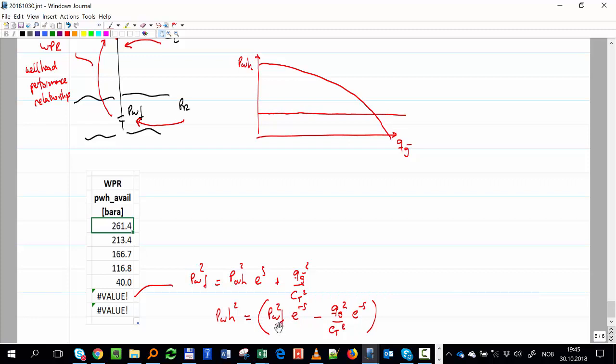That means that I will never ever be able to flow with that pressure and with that rate. When I try to reach the top of the well, I just get negative. I will have to create less than vacuum to be able to flow that rate. So this error is because that becomes negative, and then I have just a square root of a negative number.